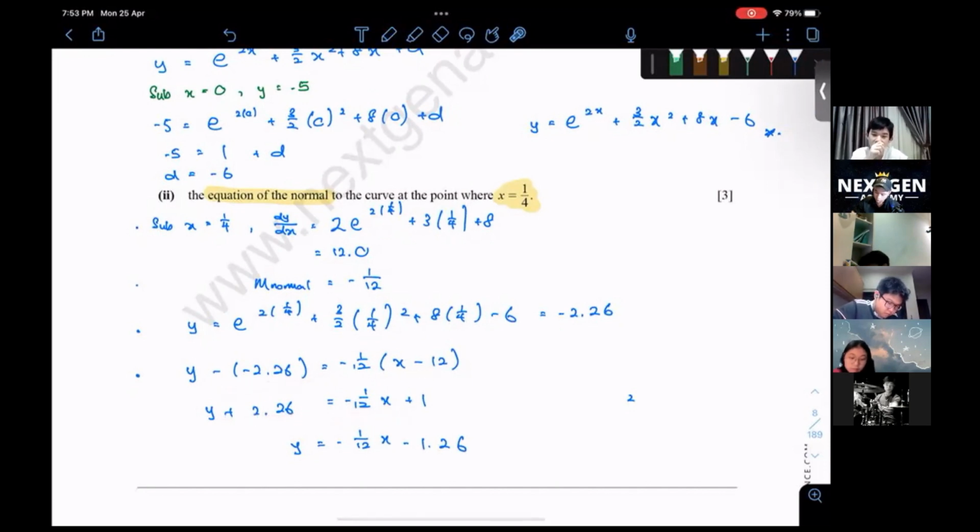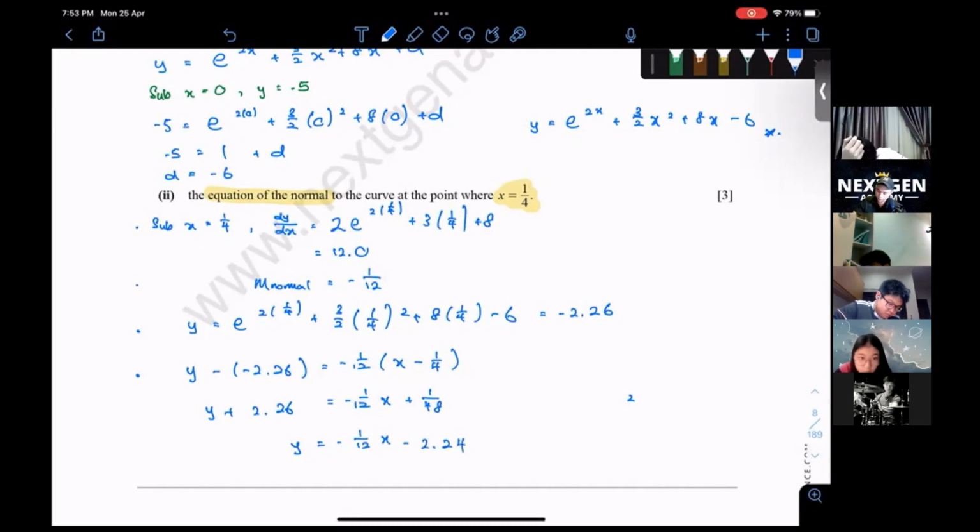Teacher, the thing is x minus 1 over 4. You are right. My bad. Okay, then here is wrong. Here will be 12 times 4 plus 1 over 48, right? 1 over 48 minus 2.26, which will be negative 2.24.